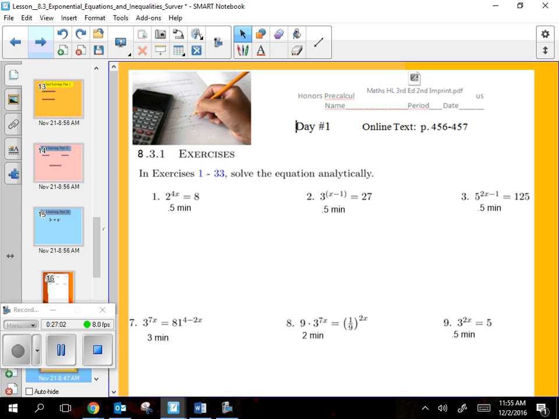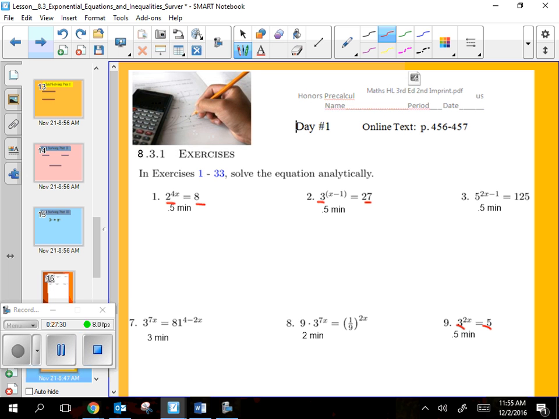Okay. Notice, same base. They can both have a base 2, right? Same base. They can both have a base 3. Where's the one where it doesn't work anymore? That one. 3 and 5. They can't have the same base easily anyways. And therefore, you need a new strategy. Do you remember what we did? Take the log of both sides.